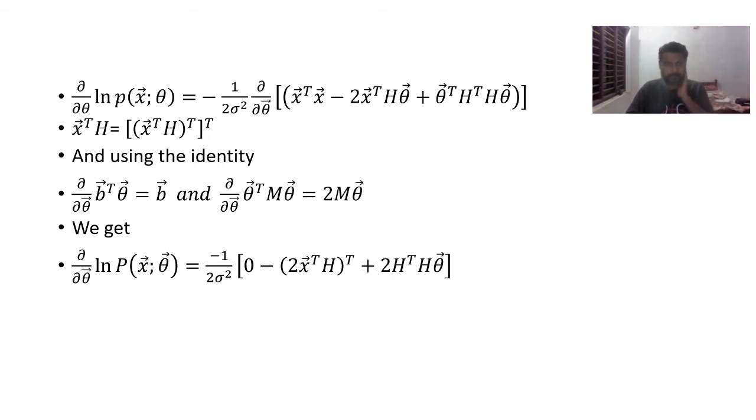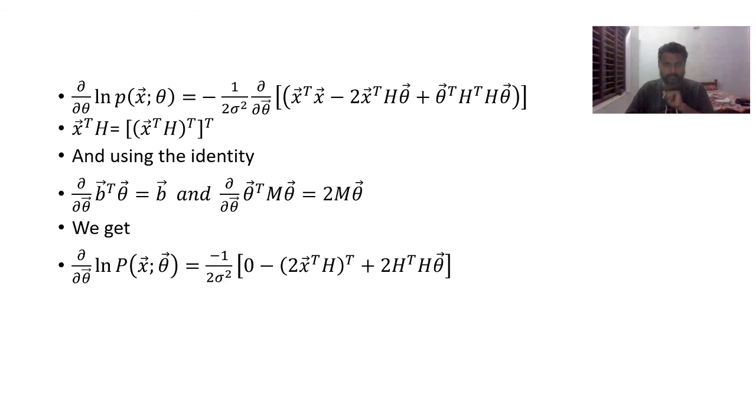How does it come? It is by using that identity, that dou by dou theta of theta transpose m theta is in the form of 2 m theta. Here m is nothing but h transpose into h. The third term is in the form of dou by dou theta of theta transpose h transpose h theta.